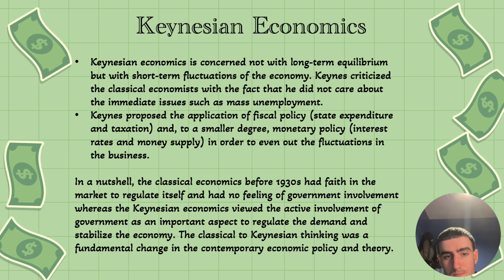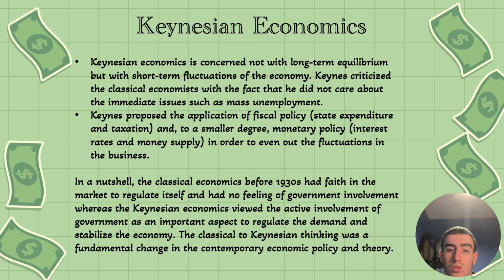Keynes also proposed the application of fiscal policy, which is, like I said, state expenditure and taxation, and to a smaller degree, monetary policy, which is interest rates and money supply, in order to even out the fluctuations in the business cycle. So in a nutshell, the classical economics before the 1930s had faith in the market to regulate itself and had no feeling of government involvement, whereas Keynesian economics viewed the active involvement of government as an important aspect to regulate demand and stabilize the economy.